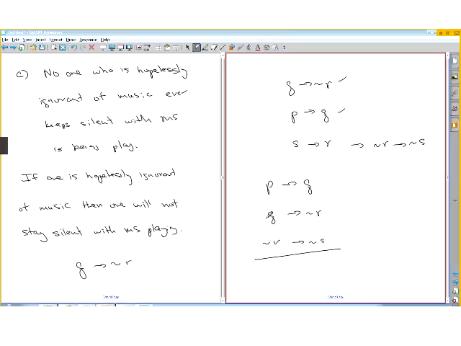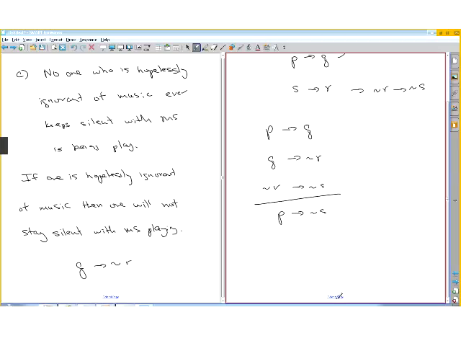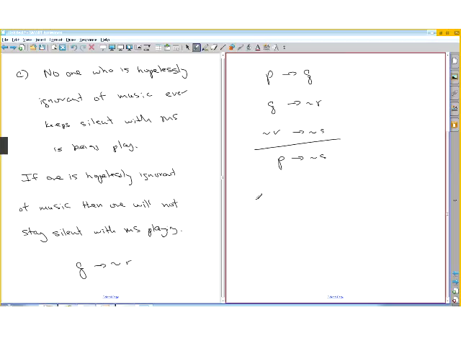So now we can put that in there. If not R, then not S. And then we have this transitive property. So the final conclusion is if P, then not S. So once we've done that symbolic logic, we go back and plug in the results.